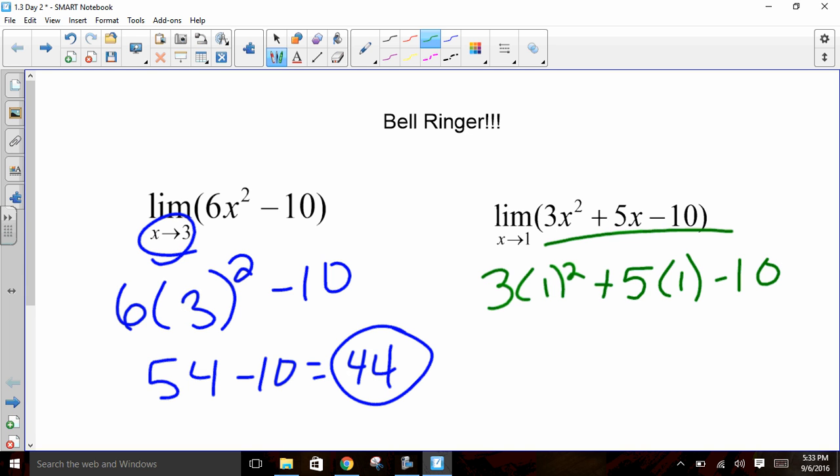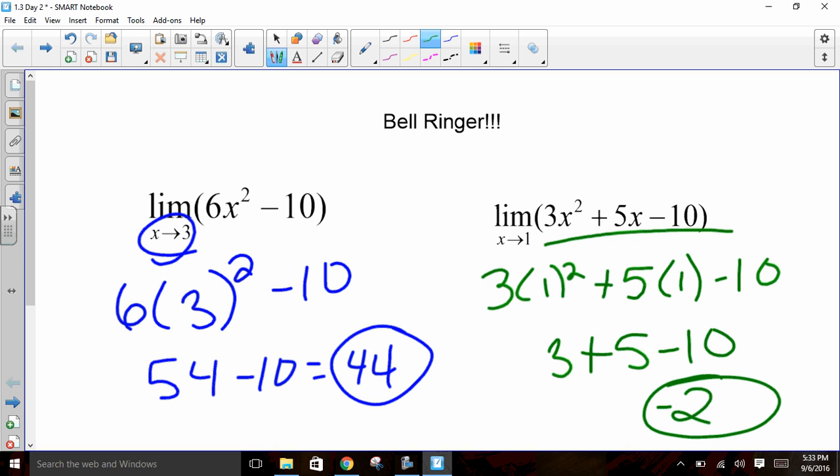All right, so 1 squared is 1, 3 times 1 is 3, plus 5, minus 10. 3 plus 5 gives me 8, minus 10 more gives me negative 2. So the limit as x approaches 1 of 3x squared plus 5x minus 10 is negative 2.